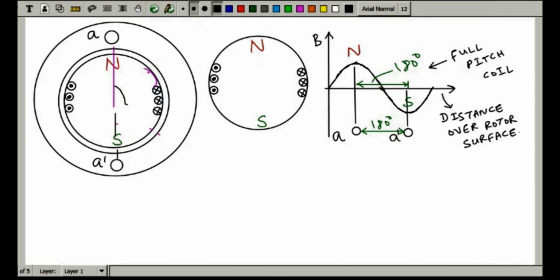So this angle is obviously your 180 degree, and if I represent it by phasor, it will be looking like this. This is one phasor, and this is your another phasor, let's say. And if it is in terms of coil, it will look like this.